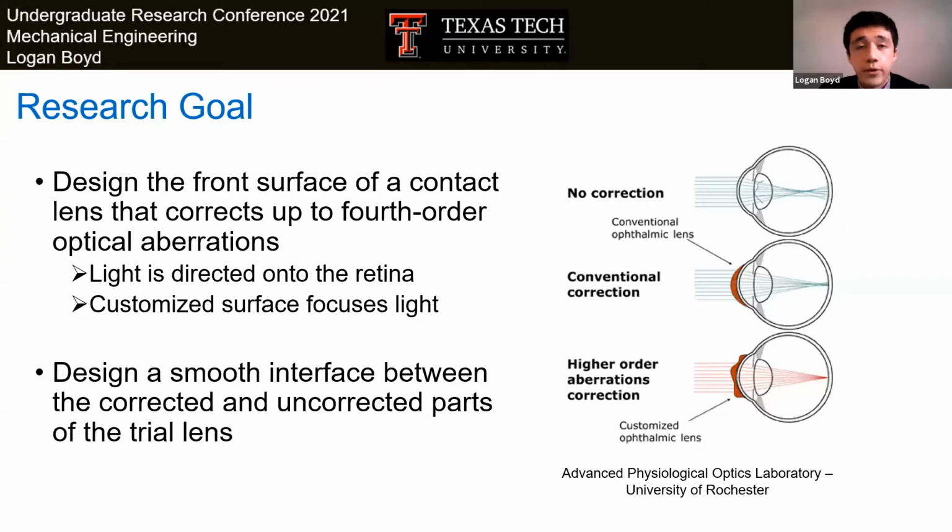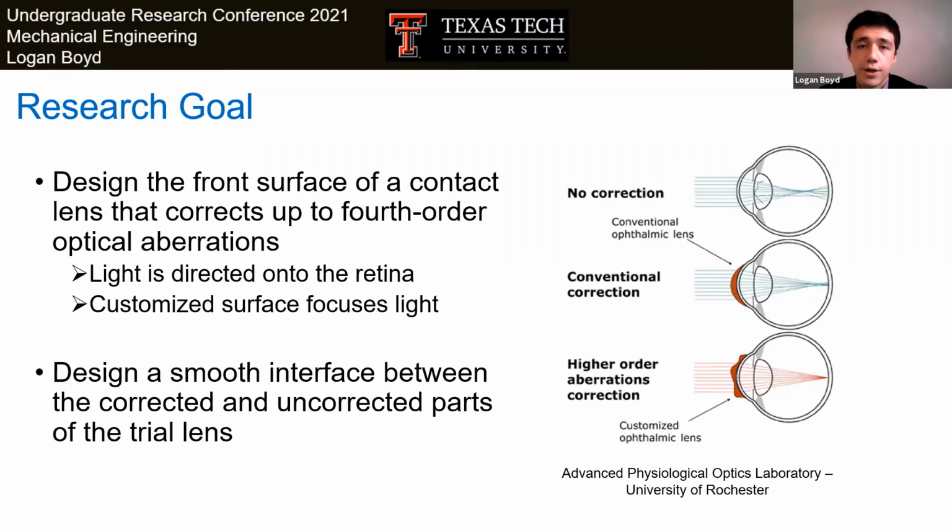There are two steps to my research. The first step is to design a contact lens correction for up to fourth order visual aberrations. With a conventional lens, you address the second order visual aberrations, astigmatism and defocus. These are the aberrations that are correlated to near and farsightedness. Now, for most people, if you address these second order aberrations, it's sufficient.